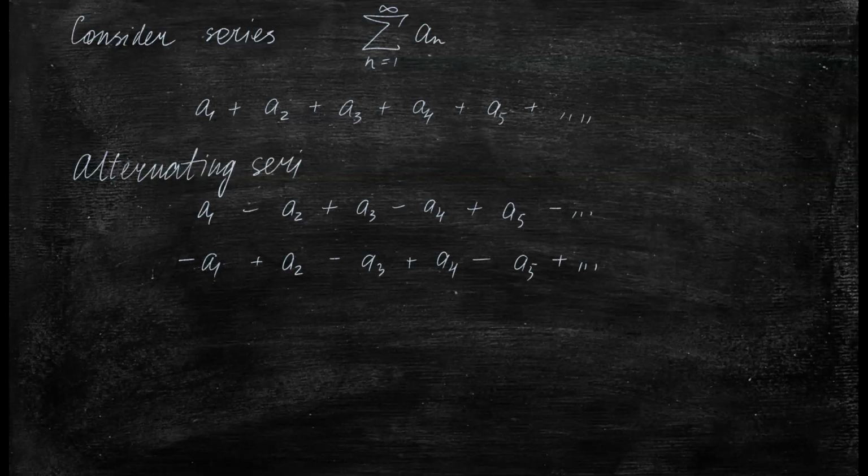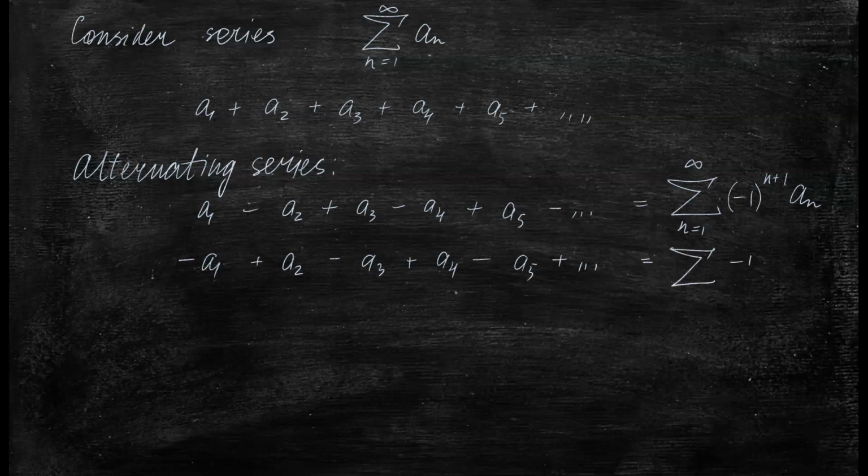So in an alternating series, every other sign is positive and every other sign is negative. And in general, we can relate this alternating series to the original one by simply throwing what we call the alternating factor in front of the general term. Here we have to be careful with what we put in the exponent. Since the first term is positive, the power has to be even when n is equal to 1.